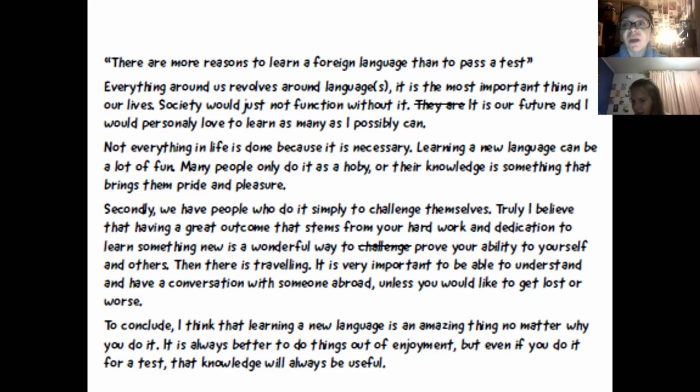The first idea was traveling, right? And is this well developed? Is this fully explained? No, not all of the ideas are fully explained.